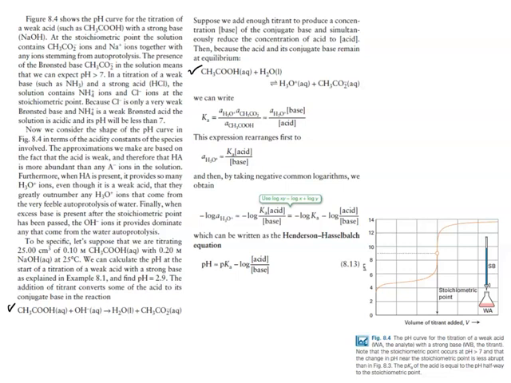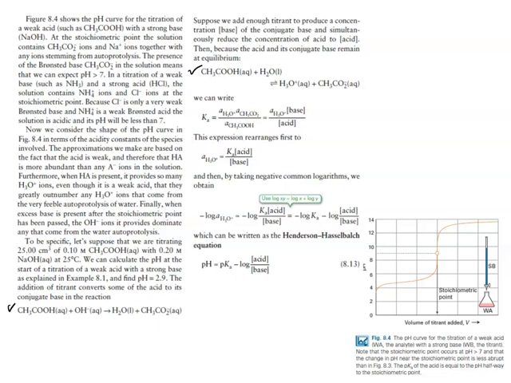we can write the expression for Ka, where it's the concentration of the hydronium times the concentration of our conjugate base over the concentration of our weak acid.